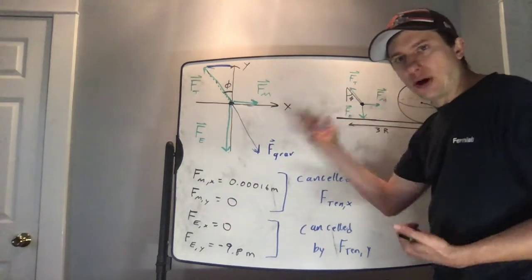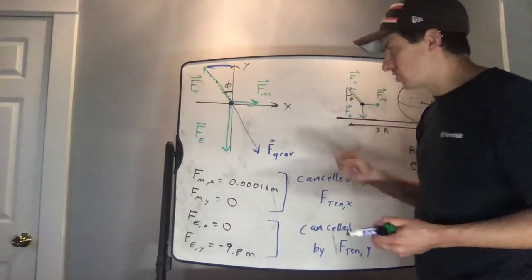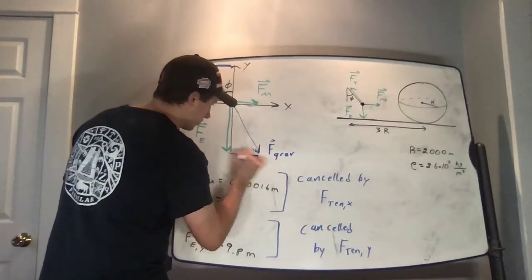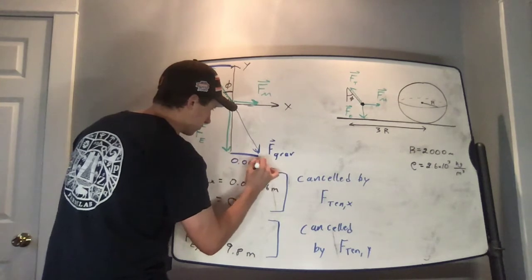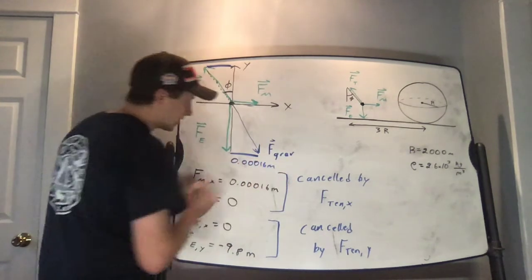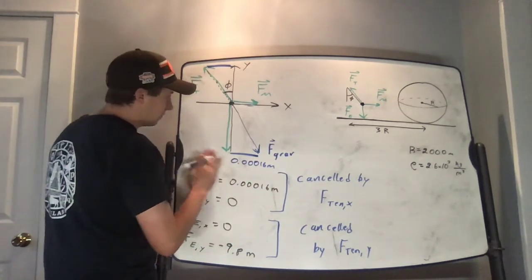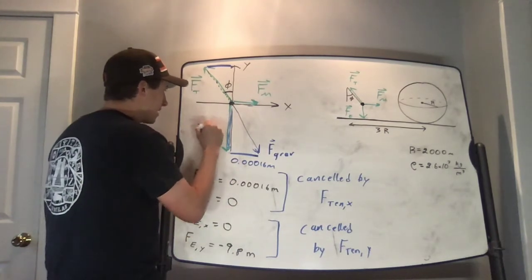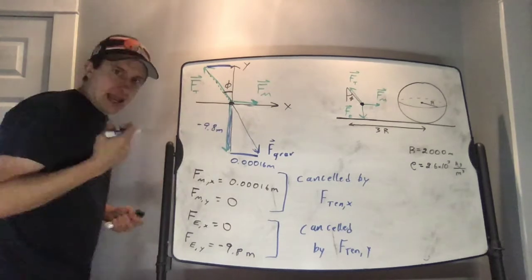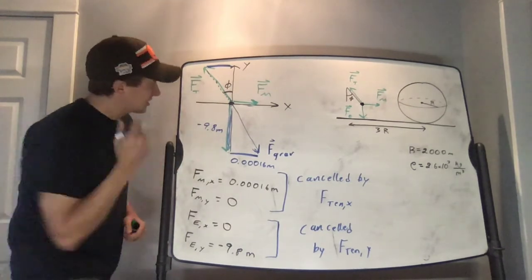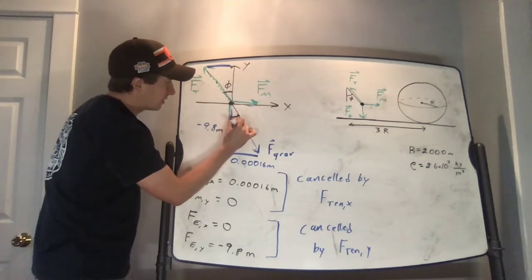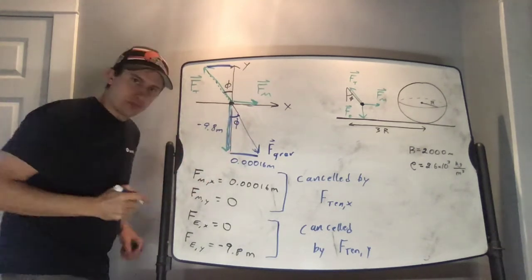And I know the components of this total force of gravity. The x component of this vector is going to be 0.00016 m, and the y component of this force of gravity is going to be negative 9.8 m. And if I think about this problem in this context, I notice my angle phi that I'm trying to find is also going to be right there.